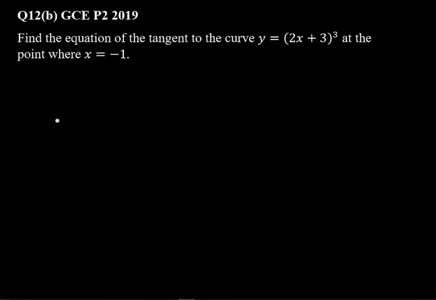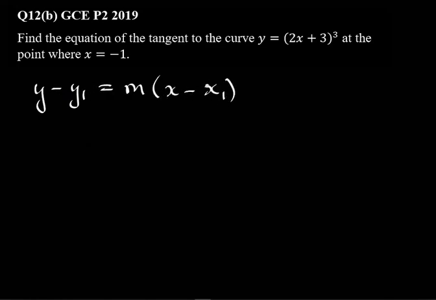We have another question here which I found interesting. We're asked to find the equation of the tangent to the curve y is equal to (2x plus 3) to the power 3 at the point where x is equal to -1. Notice something here. They haven't given us our y value. Remember from what we've been doing, for us to find the equation of the tangent, we're going to use this equation, y minus y1 is equal to m(x minus x1).